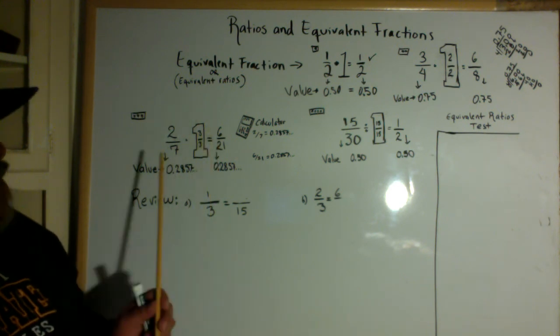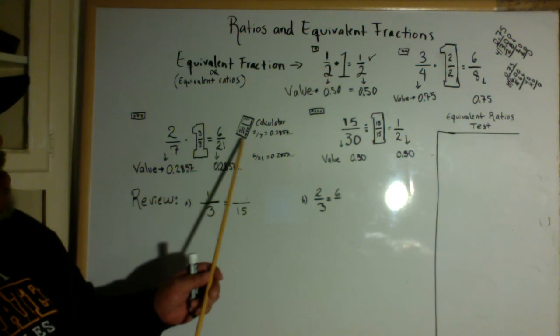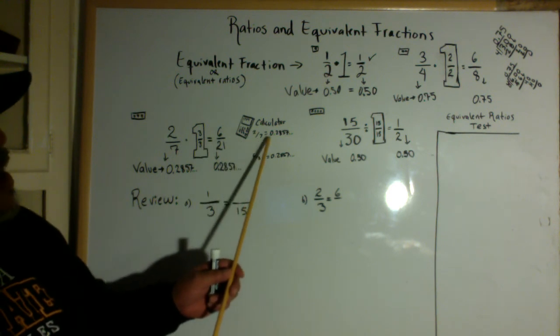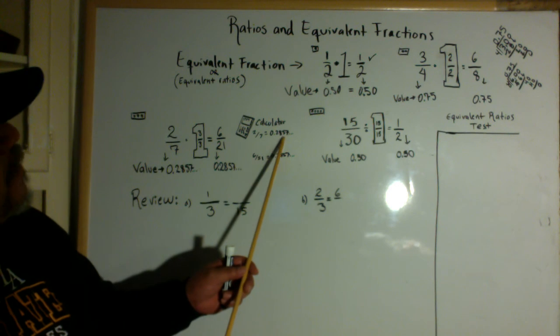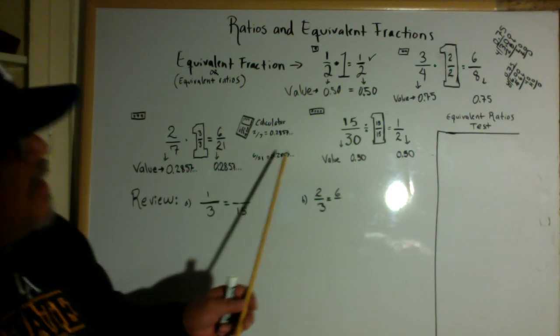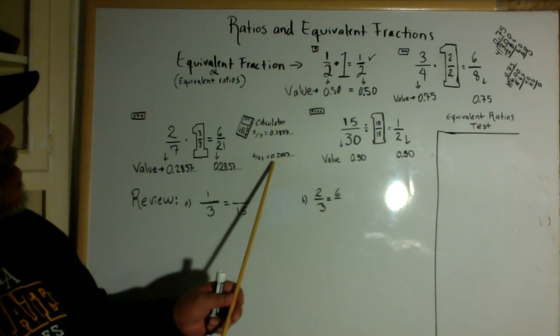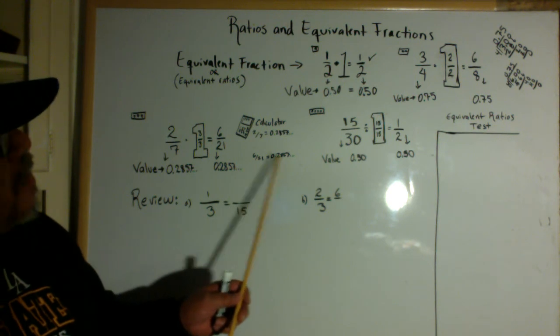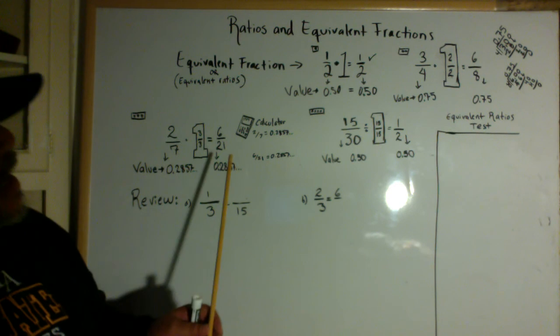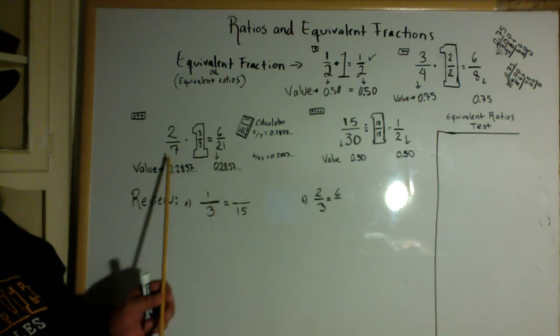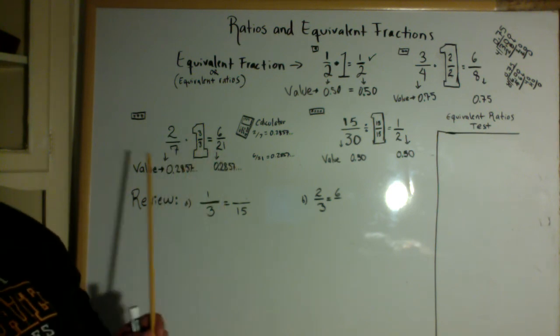And I get the same value. I use the calculator to put 2 divided by 7, and I get 2,857 10,000ths. And the same thing with 6 over 21. My answer is 2,857 10,000ths, the same value. Why? Because they are equivalent.